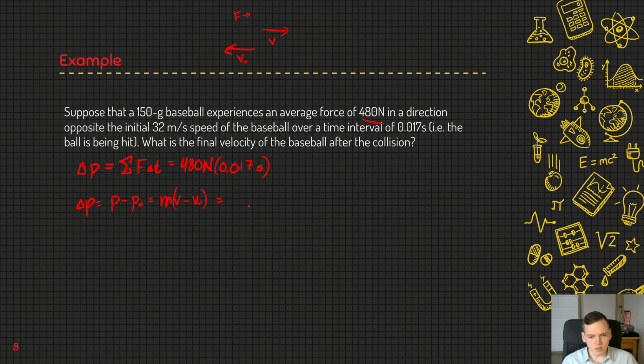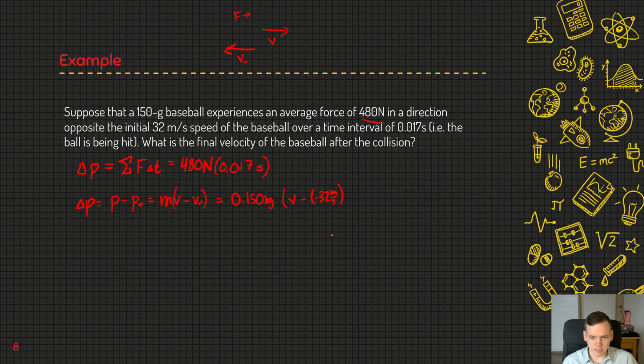So this is also equal to 0.150 kilograms times the final velocity, which is unknown, minus the negative 32 meters per second initial velocity. So I just plugged all that in so you can see where we're going.